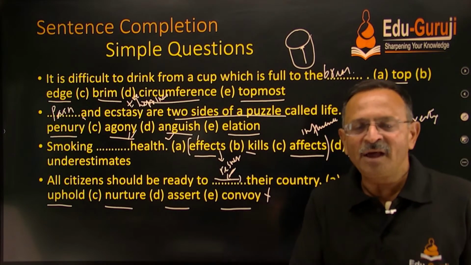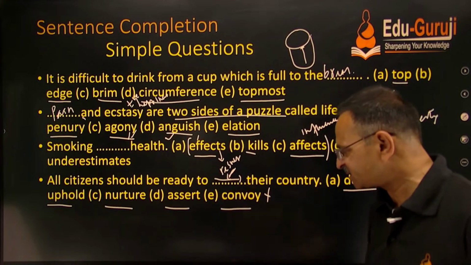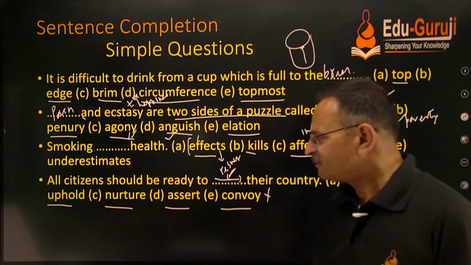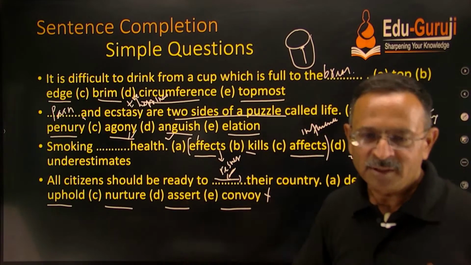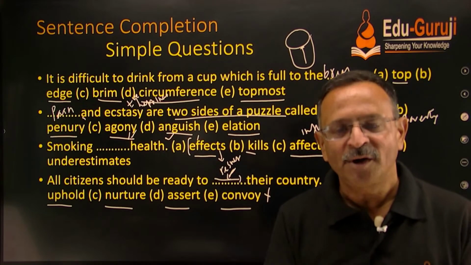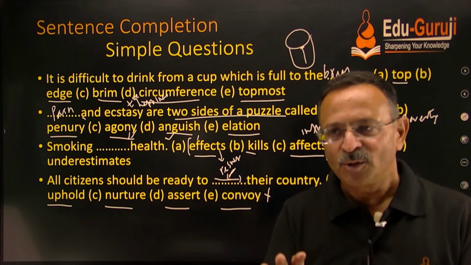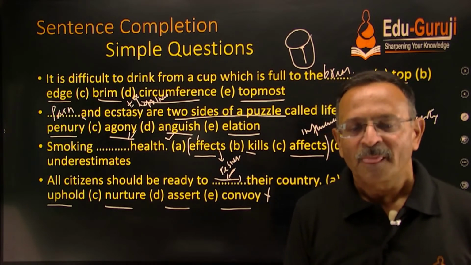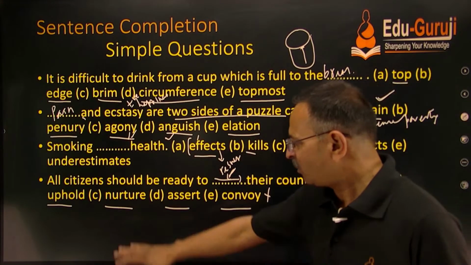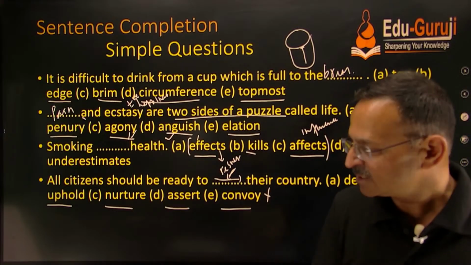Now you may ask, why not uphold, or why not nurture, or why not assert? Whenever you talk about uphold, it means you are trying to maintain moral values or rights. So uphold would be more or less about moral rules and values.